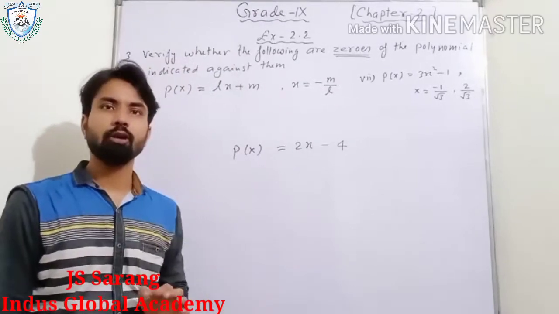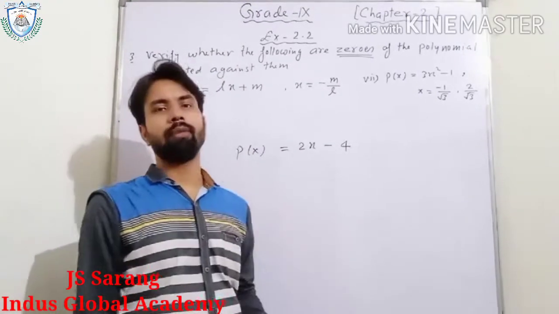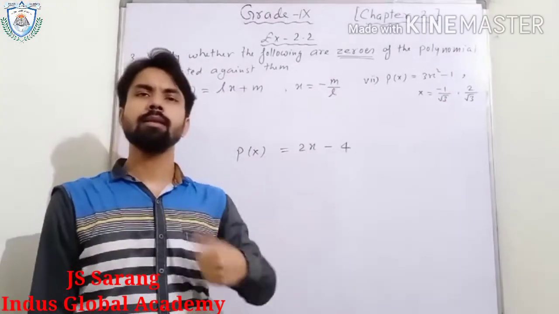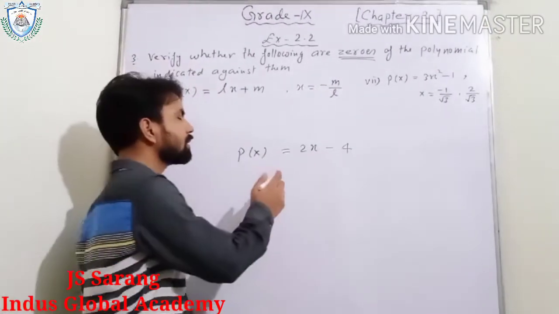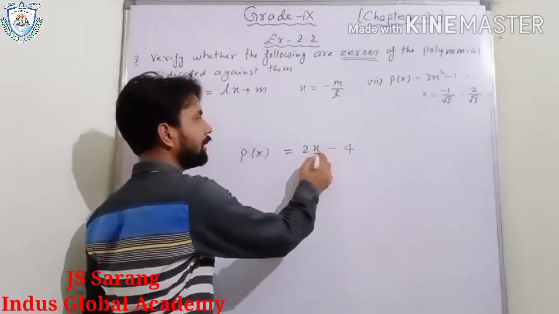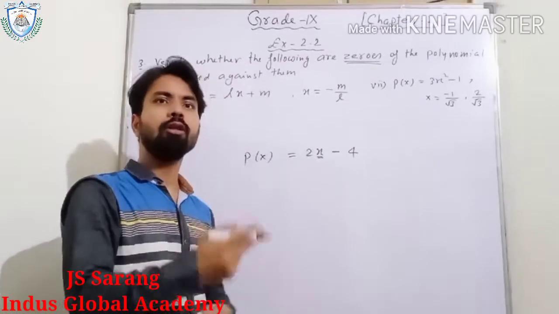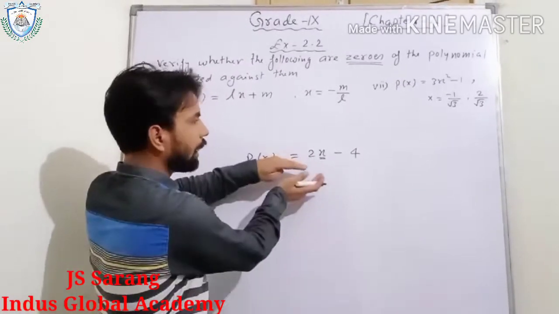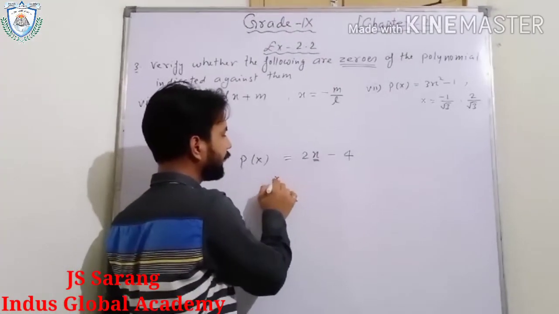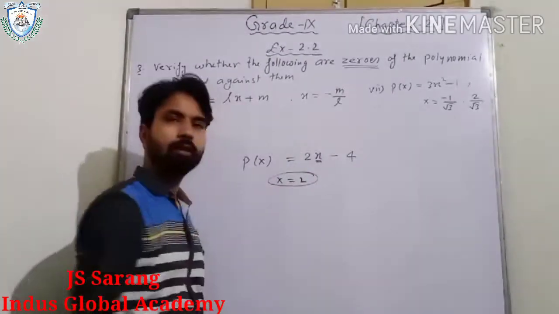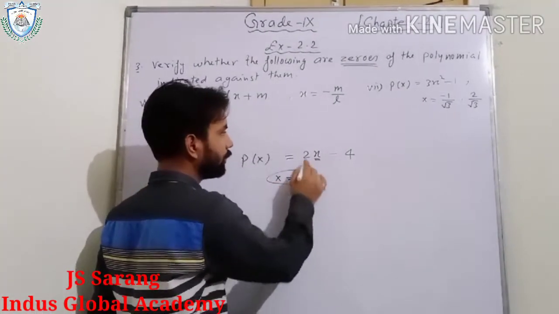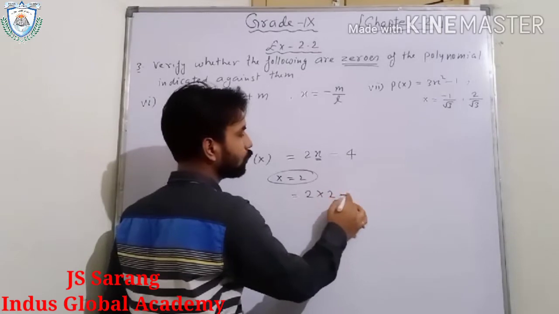Beta, the zero of a polynomial is the value of the variable for which the value of the whole polynomial is 0. Here, what is the variable? If I asked you what the variable is here, beta, the variable is x. So if I take x equal to 2 here, putting x equals 2, 2x is 2 into 2 minus 4.